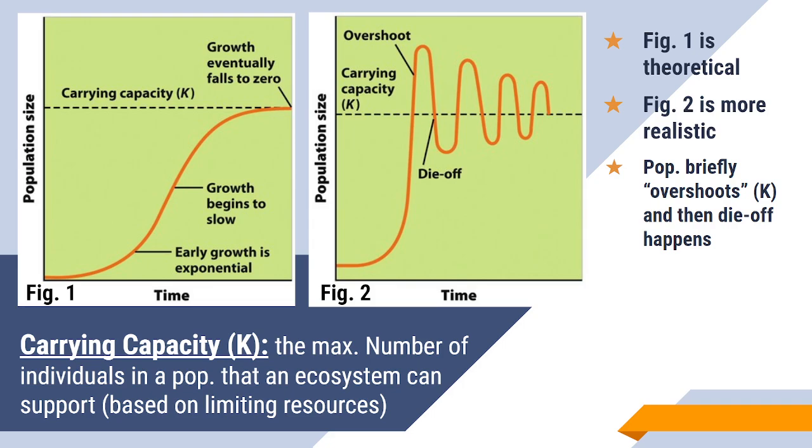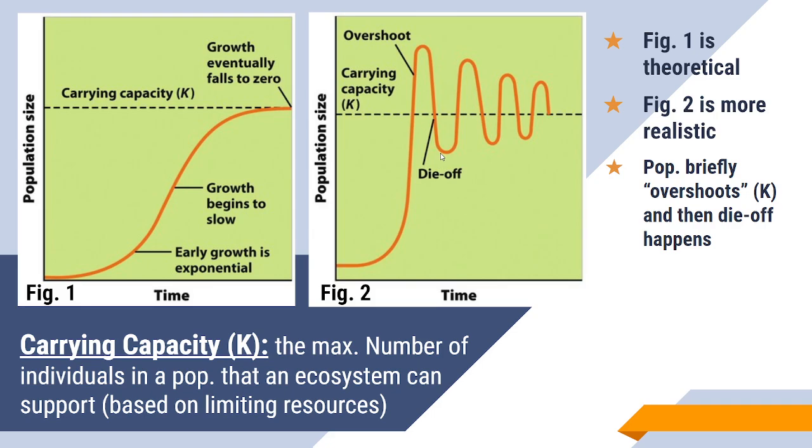A more realistic view, and we'll see this in one of the activities we should get to in this unit, is the idea of overshoots and die-offs, where a population grows exponentially and will actually overshoot its carrying capacity. When it does that, there's not enough resources to support all of the organisms, and then a die-off happens, where more organisms than normal would die due to the lack of resources.